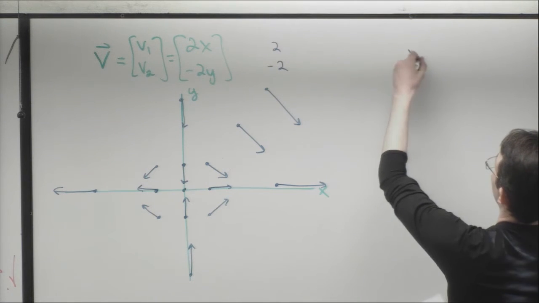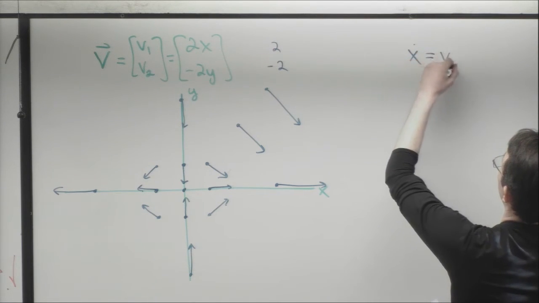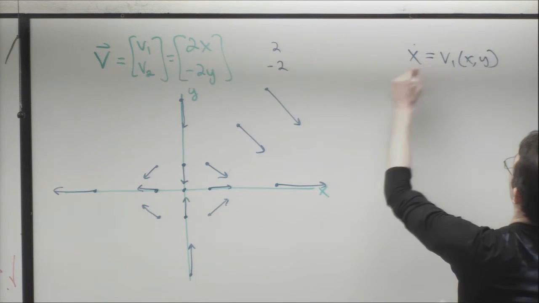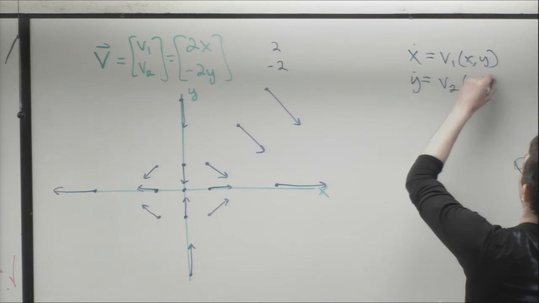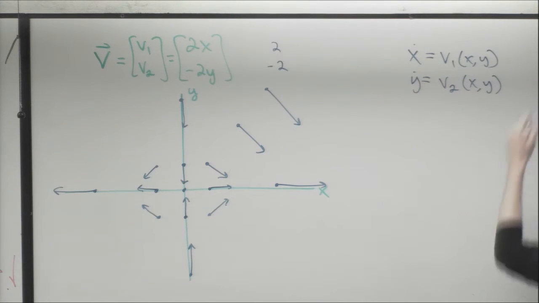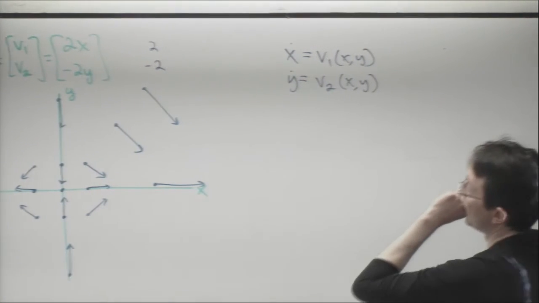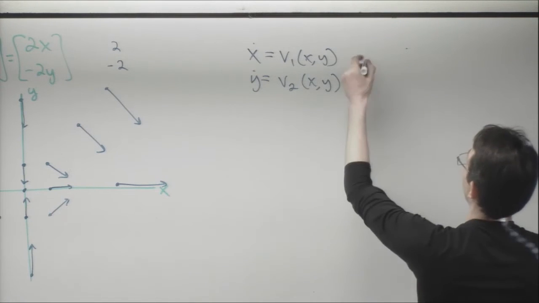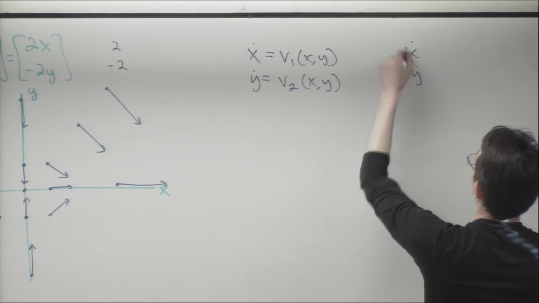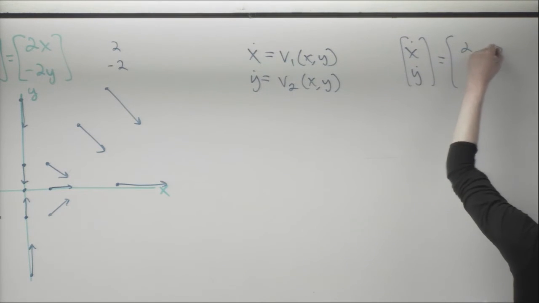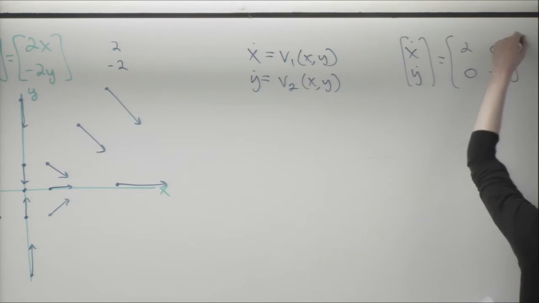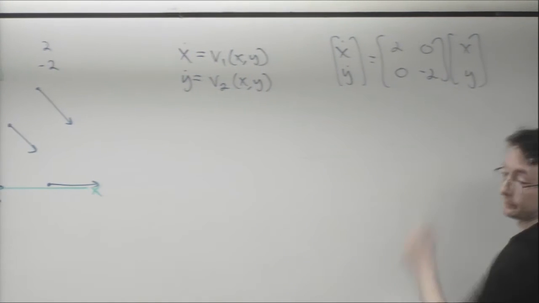So if I said x dot equals v1 of x comma y, and y dot equals v2 of x comma y, or said another way, then this is just the same as (x dot, y dot) equals [[2, 0], [0, -2]] times (x, y).